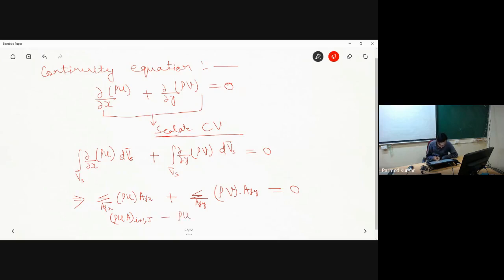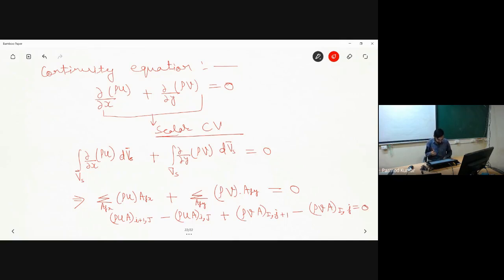Minus rho u A at small i comma capital J, plus rho v A at point capital I comma small j plus 1, minus rho v into A at point capital I comma small j, equal to 0. Okay, so this is something which we have got.